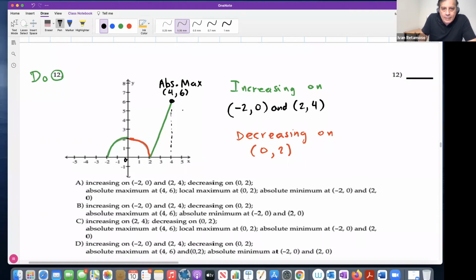Absolute max. Now, absolute min here and here. Let me use blue here. Look, here absolute min, the lowest output value, but also here, right? Too. So absolute min, this point 2,0, but also another absolute min at -2,0, right? There are two.